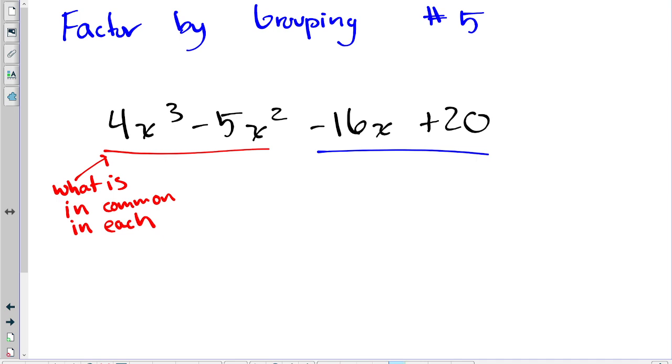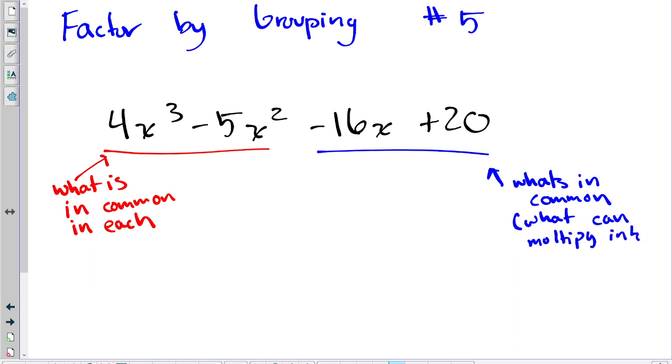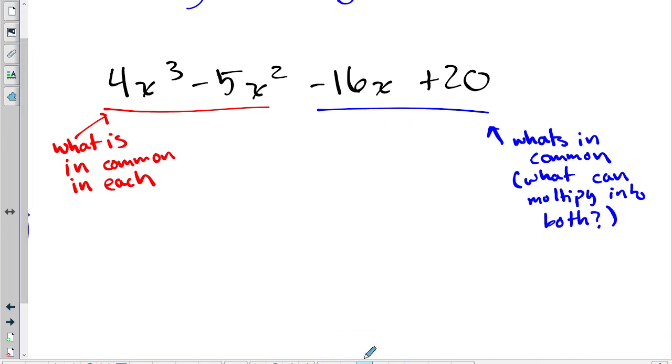Okay, so what's in common in each? And what I mean by that is, what can multiply into both? Okay. And so here's what I mean by that. If I look at my first group, which is 4x cubed minus 5x squared, okay, I notice that both of these have an x squared in them, right?